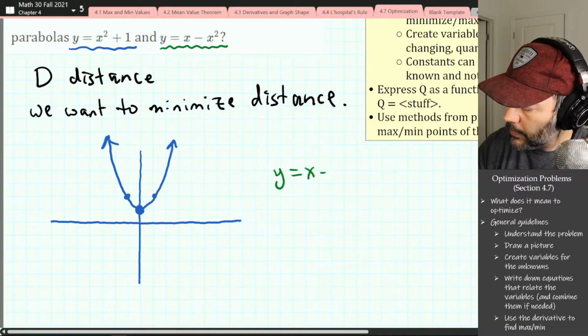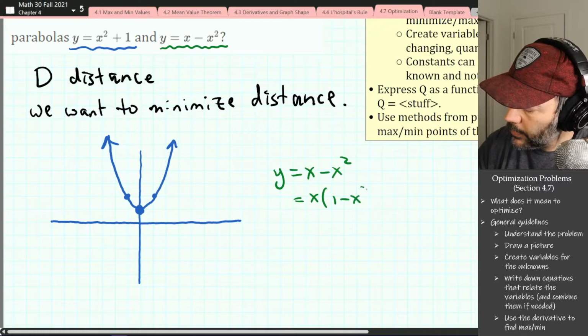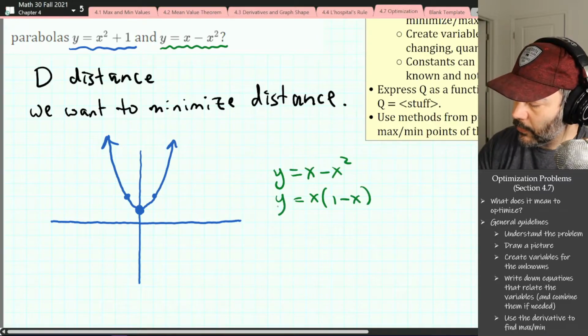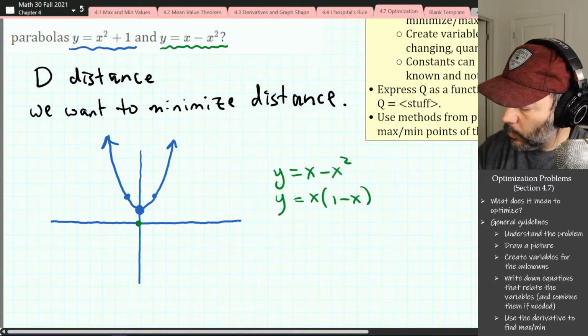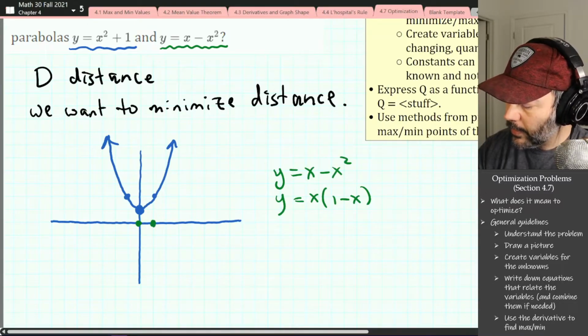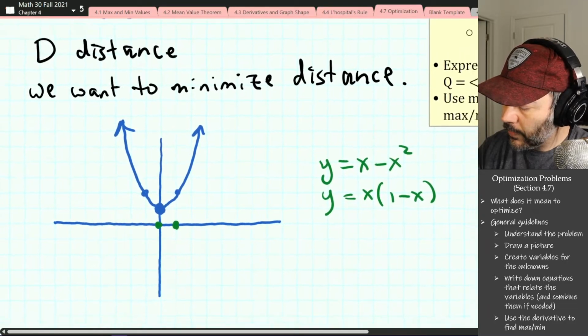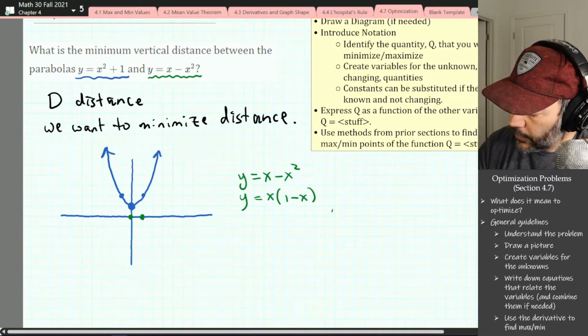Y equals x minus x squared, which is x times (1 minus x). So it has x-intercepts at 0 and 1. And I also know that it is shaped like this because the coefficient in front of x squared is negative.